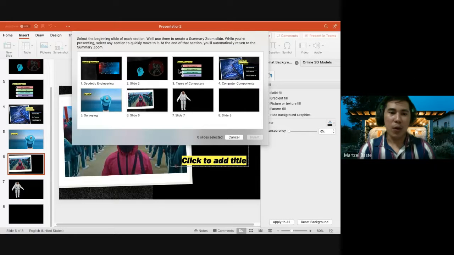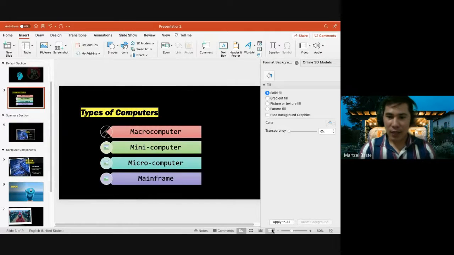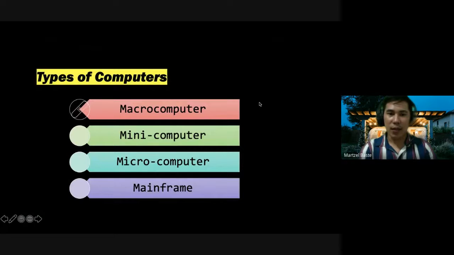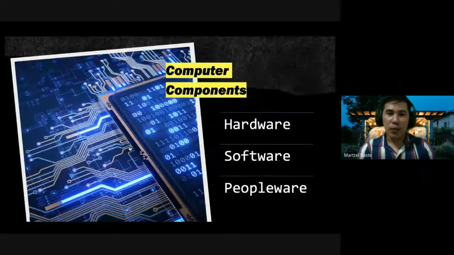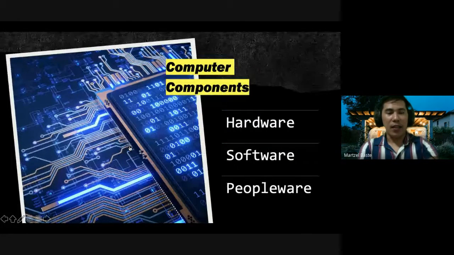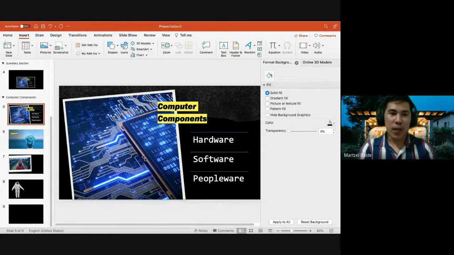If I click that particularly, it adds to a certain slide, it zooms into it when we run and present. Then when I click this one, it zooms, right? And it will be something like that. That's the work of zooming.